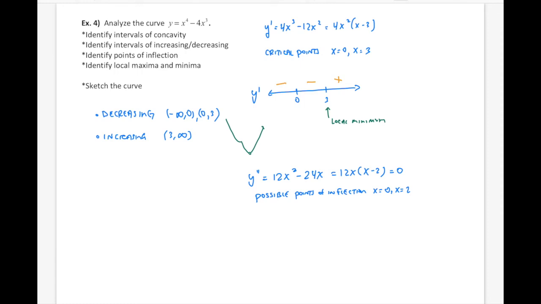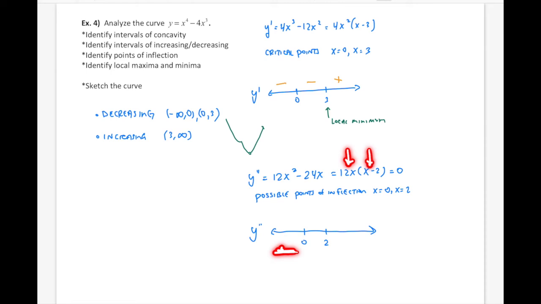I'm going to do the same thing, but this time I'm going to partition the number line using the possible points of inflection, 0 and 2. This is y double prime. I'm going to do this sign test once again. I'm going to pick some number less than 0, some number in between 0 and 2, and some number greater than 2. Test, is this positive or negative? So picking something to the left of 0, say -1, that'll be -12 and -3.